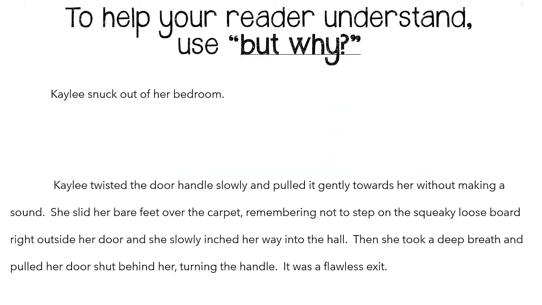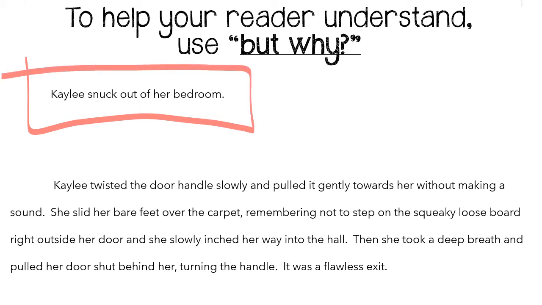So first, I included our original sentence, Kaylee snuck out of her bedroom. That was the boring one. That was the movie we wouldn't go watch. And then I showed you how I listed all the steps and made a whole paragraph out of that. Let's take a look at the paragraph I was able to write when I used the break it down into steps. Kaylee twisted the door handle slowly and pulled it gently toward her without making a sound.